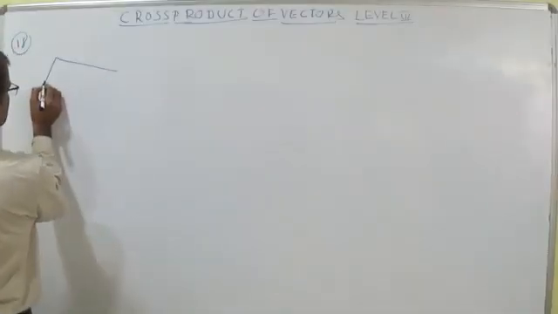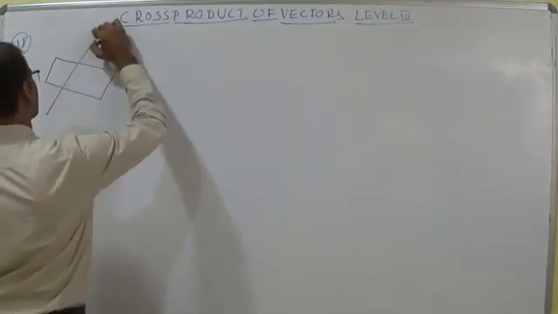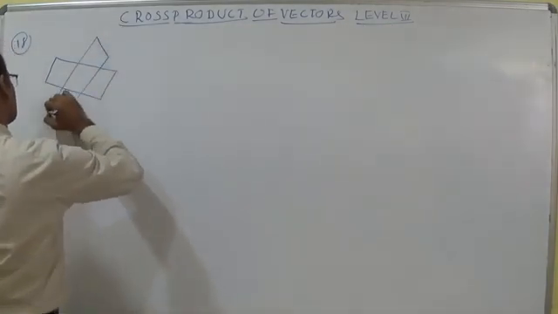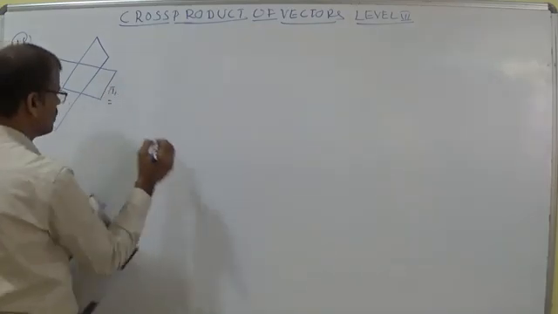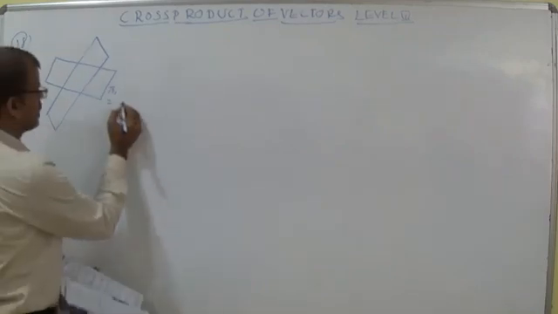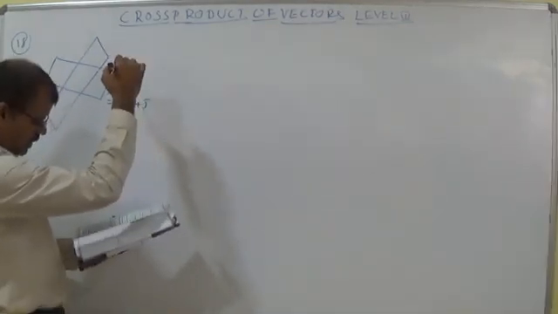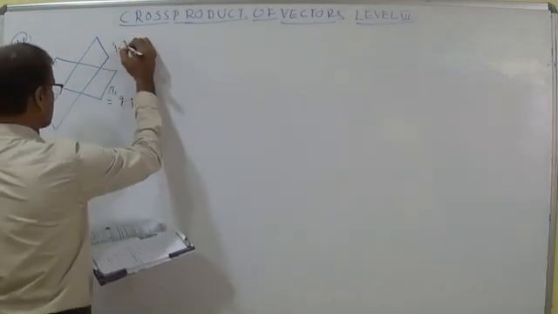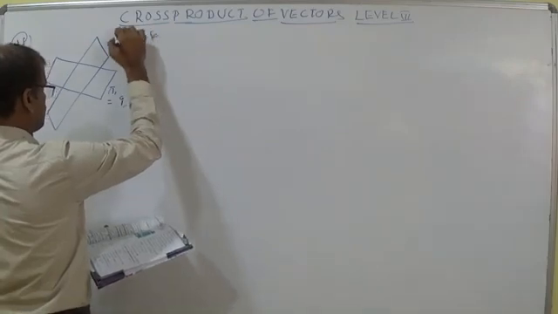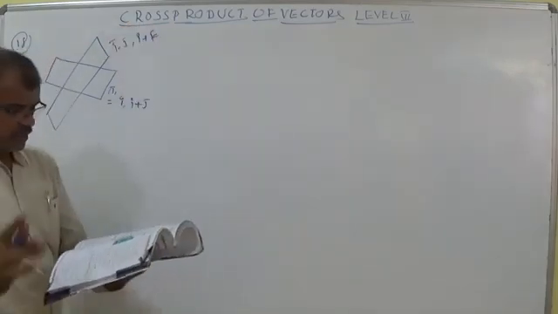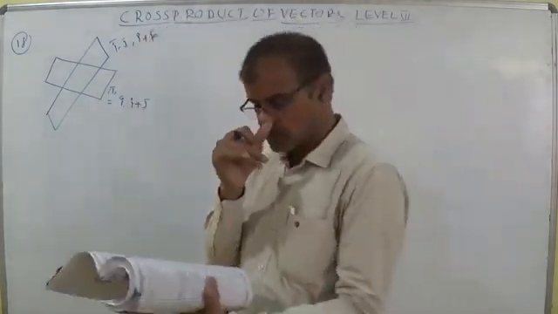Let the plane pi 1 be determined by the vectors i, i plus j. The second plane is determined by the vectors i minus j, i plus k. A non-zero vector A bar is parallel to the line of intersection of these planes.